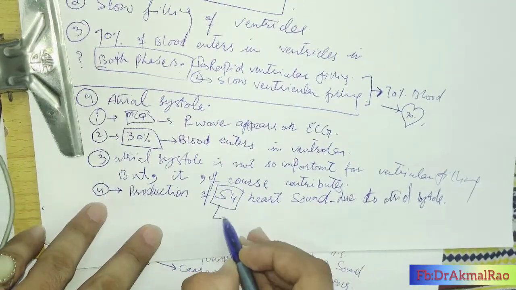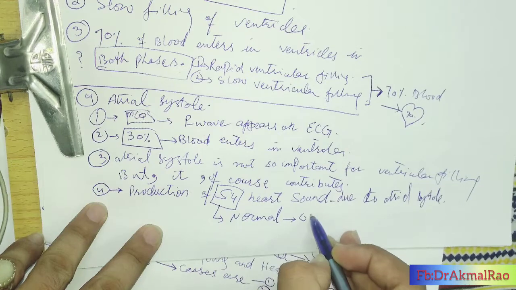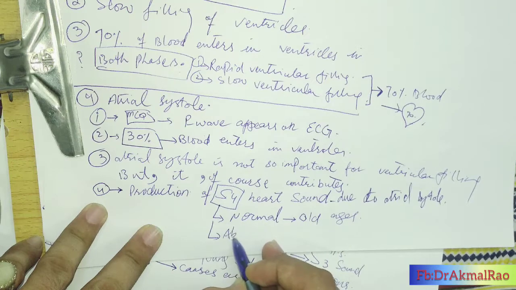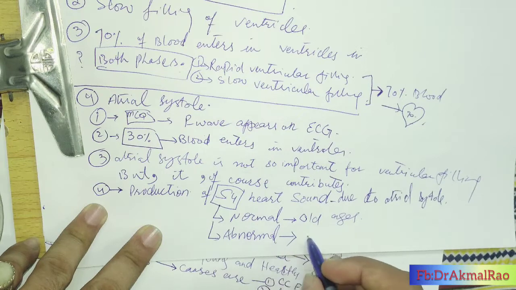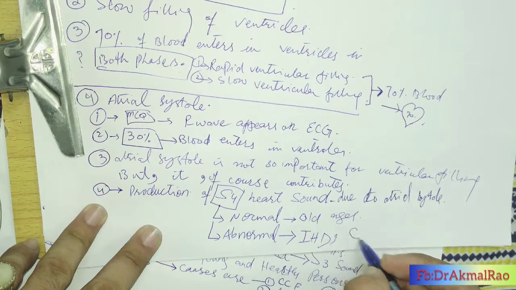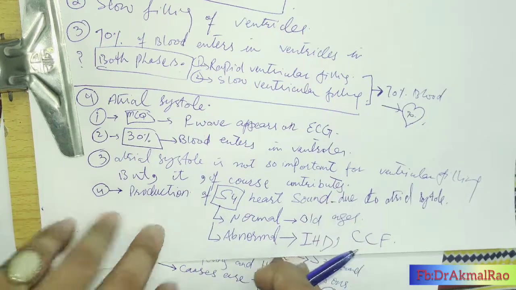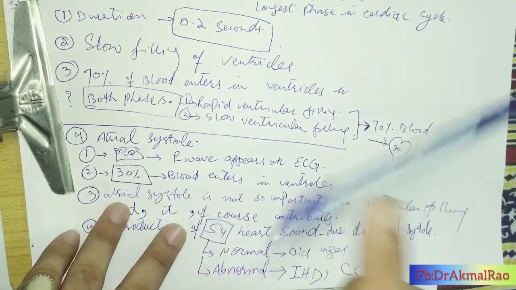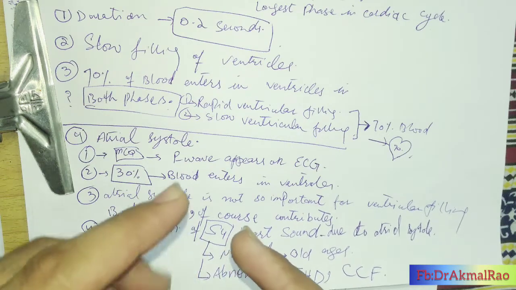This S4 is normal only in old ages, but it is abnormal in ischemic heart disease and congestive cardiac failure. So I guess we have finished our phases of the cardiac cycle. In the next lecture we will continue with the heart sounds.